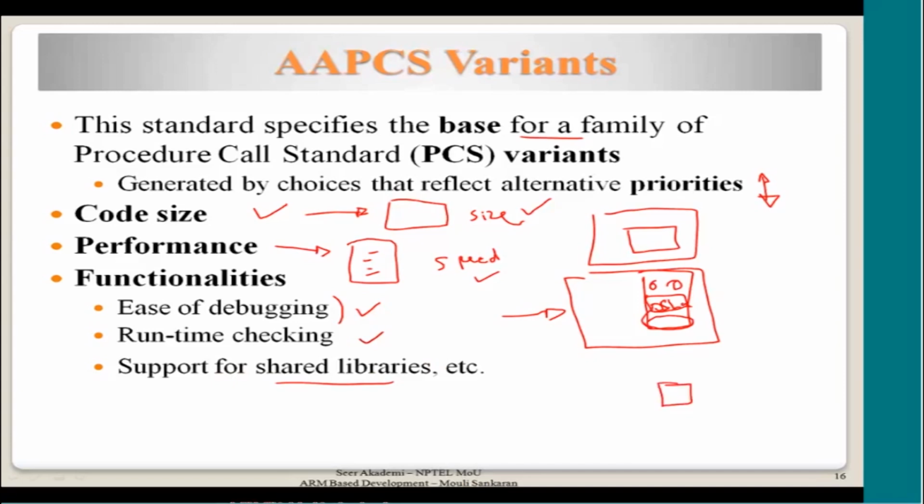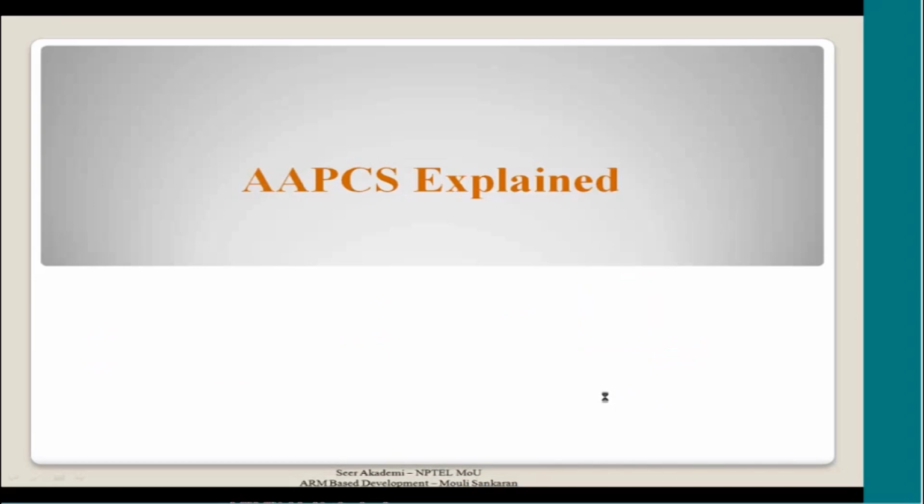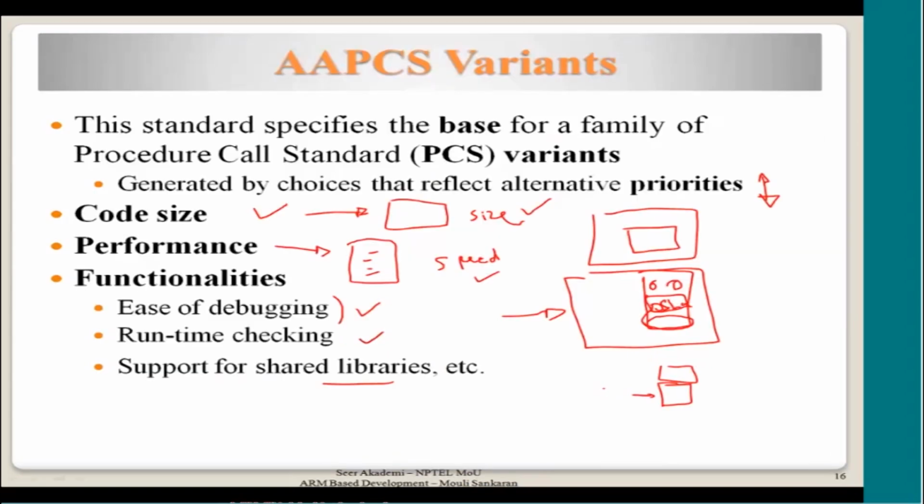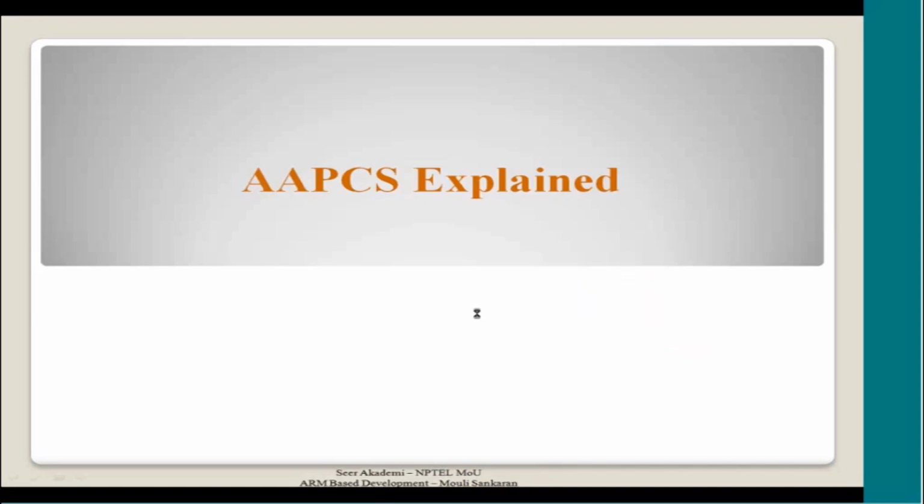The final executable will be smaller, and the shared library will be separate. So these different priorities and requirements will be there, and the tools should obey them and generate an output file based on that.